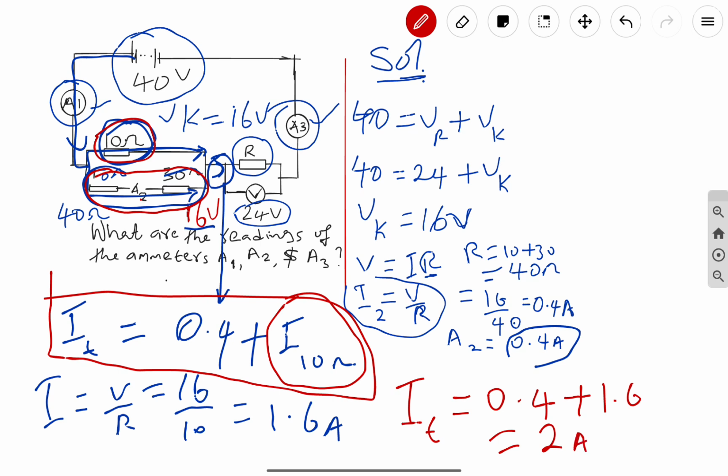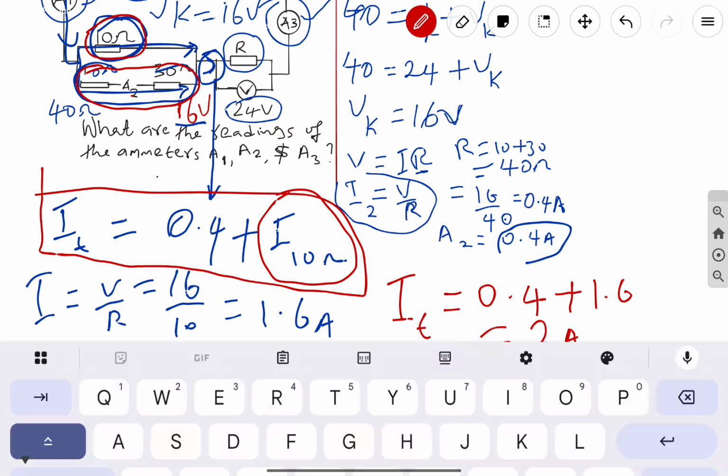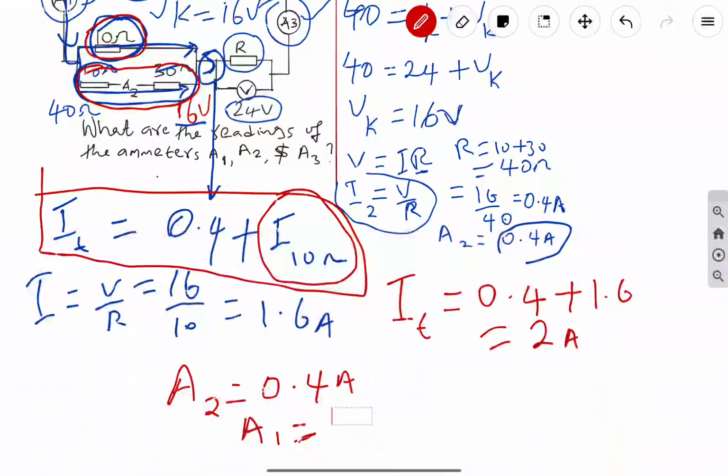We conclude therefore that A2 measures 0.4 amperes, A1 measures 2 amperes, and A3 also measures 2 amperes. That is how to answer this question.